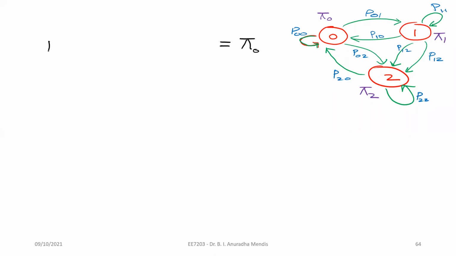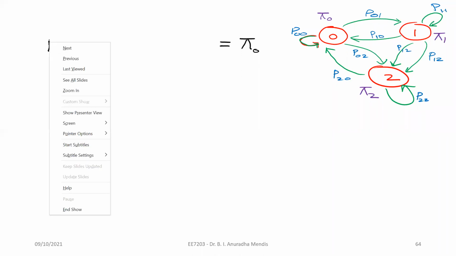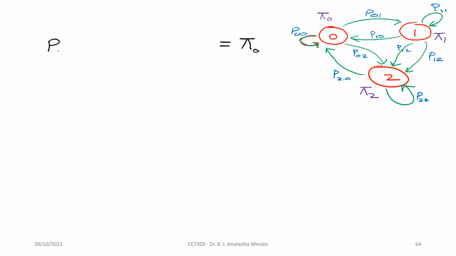If you are at state 0, if you go to 0 again, then you will end up in this state. Okay, so then P00 is one parameter. We are going to find phi 0. If you are at 0, and if you again go to 0, then you are at 0. So therefore, this is there. And what are the other things?